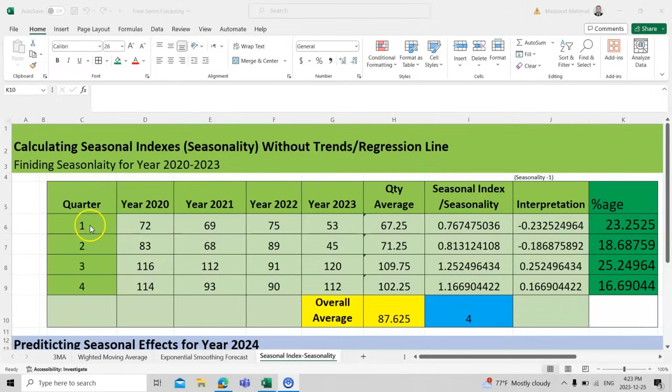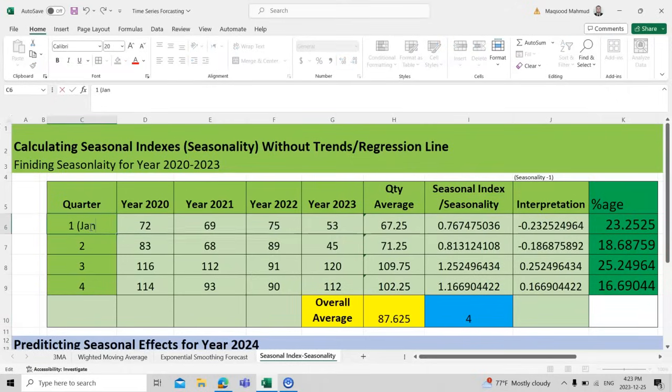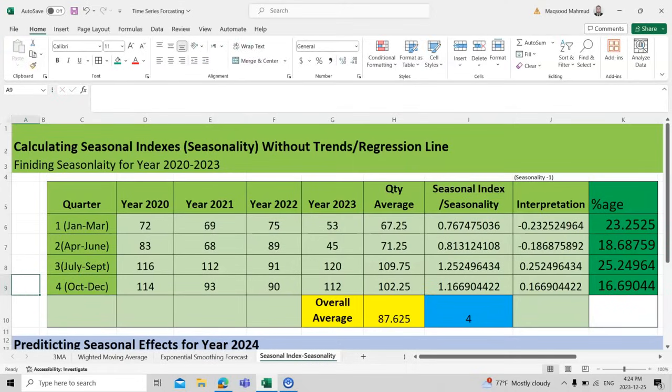This is our first quarter, from January to March. The second quarter is April, May, June, the third quarter is July, August, September, and the fourth quarter is October to December. Let's suppose we have the last 4 years of data.